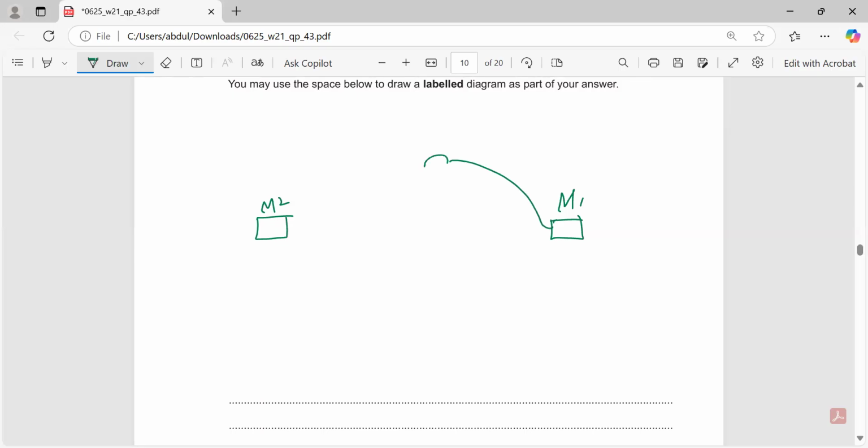This is connected to a timer here. This is also connected to the timer. And the distance between these two microphones is measured.